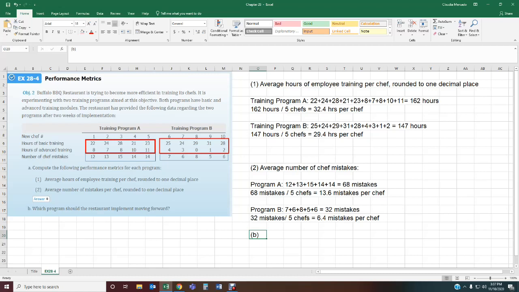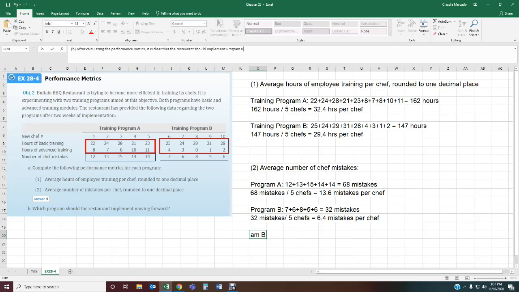Okay, so let's write it out here. After calculating the performance metrics, it is clear that the restaurant should implement, we're wanting to implement program B because program B, you see, it's less hours of training per chef.